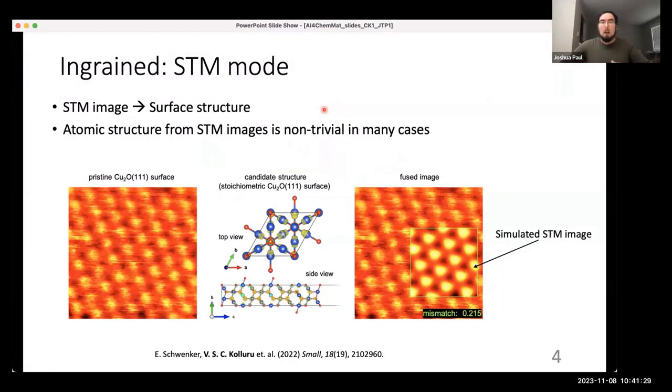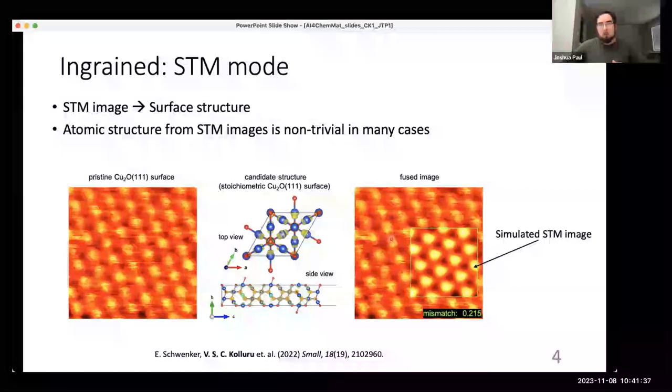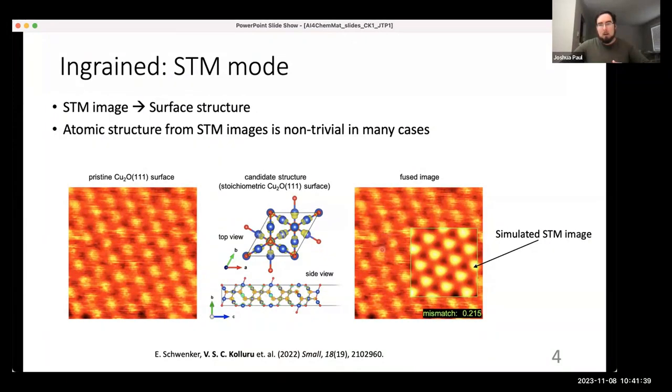And you see that we end up having a fairly good fit. You see the periodicity across this direction matches well. You see the bright yellow spots surrounded by red, all blended together. The periodicity in both directions match well. And the amount of difference between the pixels of the experimental and theoretical images is low, indicating that we have a good simulation of the STM surface.